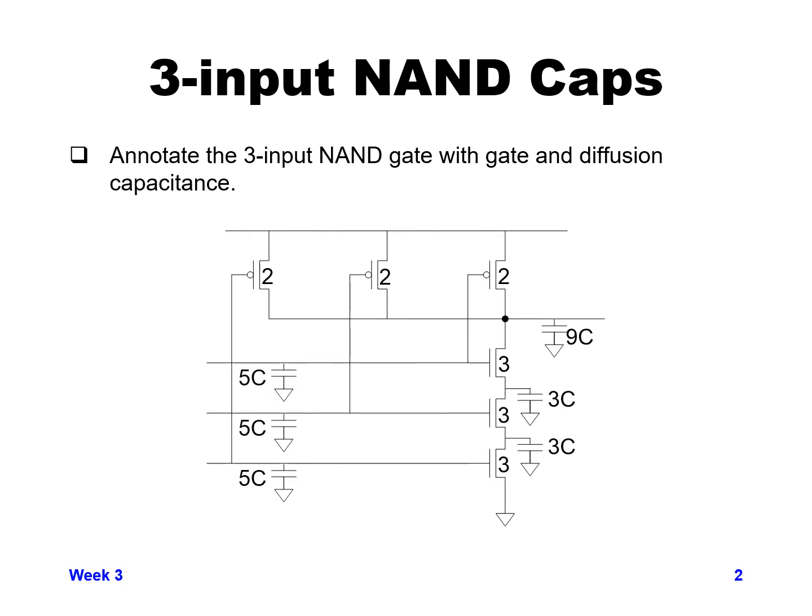So when we sum them together, simplifying by adding all the capacitors that are in parallel with each other into a single lumped capacitor, we find that at each of the inputs we have 5 times the capacitance, or 5C, and at our output we have 9C, and then in between each of the NMOS devices in the pull-down stack we have an additional 3C.